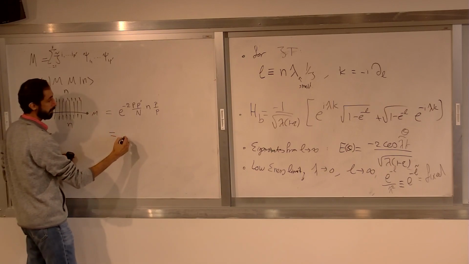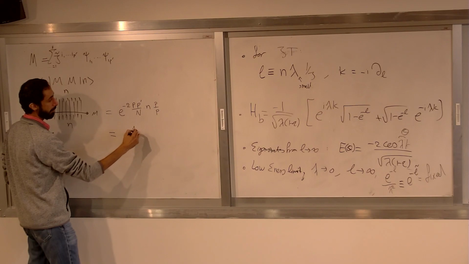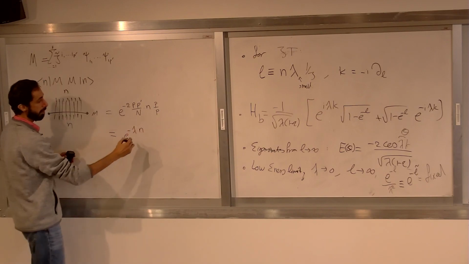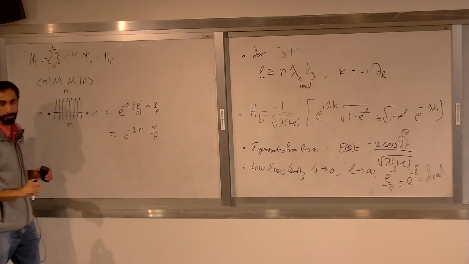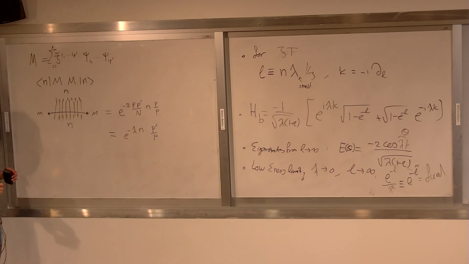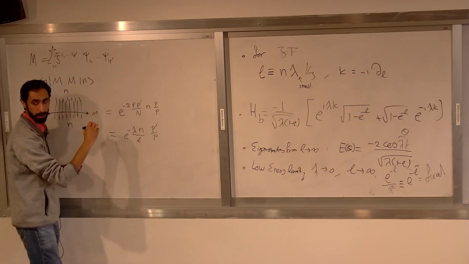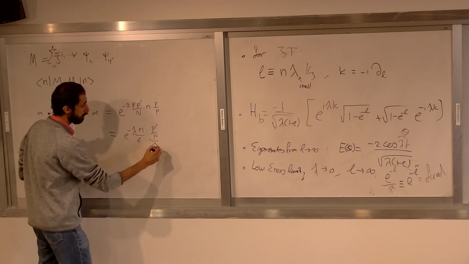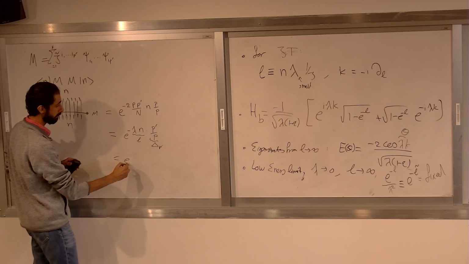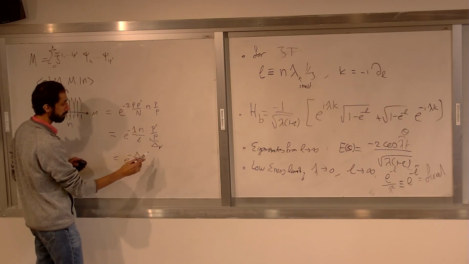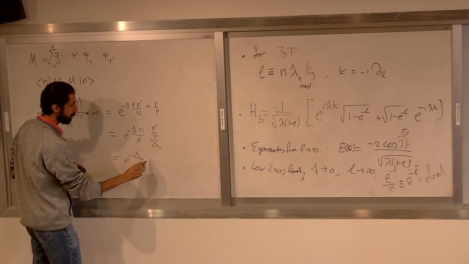This thing then becomes e to the minus lambda times n times p prime over p. If you define this thing as the length, and define this thing as the dimension of the operator, this looks like e to the minus delta times n.